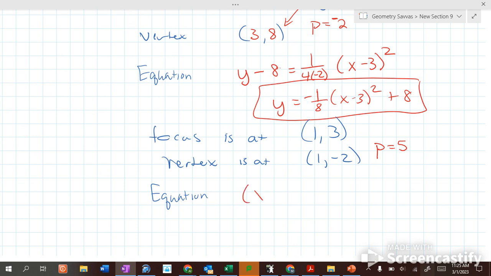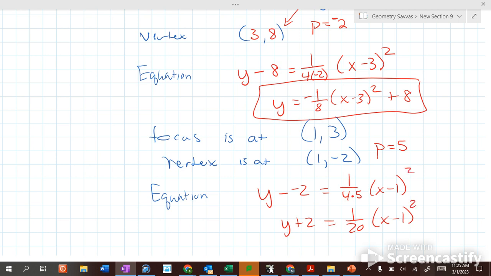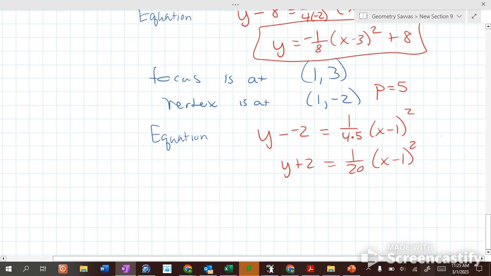So I go y minus the y value, negative 2, equals 1 over 4 times 5, x minus the x value. So y plus 2 equals 1/20 times x minus 1 squared. Or, if you want y alone, it's 1/20 times x minus 1 squared minus 2.